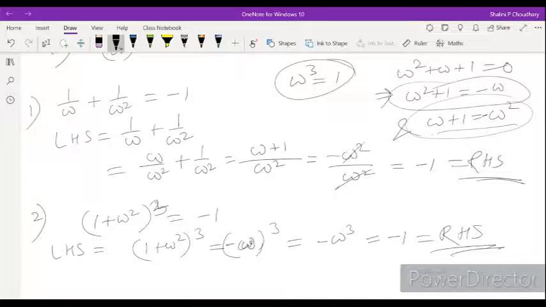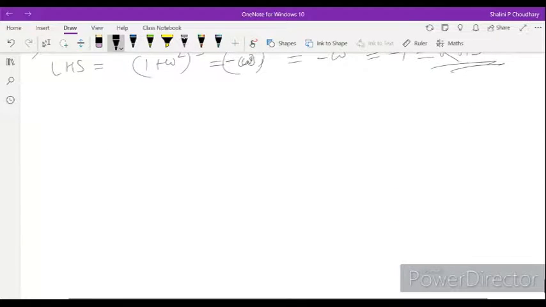Now the next question. We have to prove that 1 minus omega plus omega square, whole to the power 3, is equal to -8.